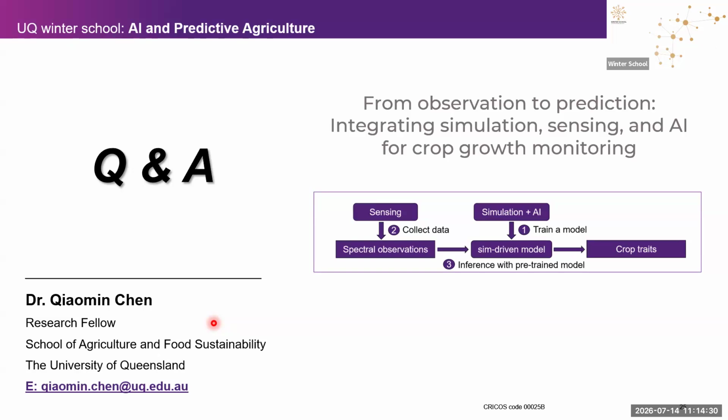But we did do a comparison with the very traditional method, the logistic model, because the logistic model can be used to interpolate the biomass in between. But the advantage of our method is that the prediction of the biomass just relies on the spatial data and the weather data.